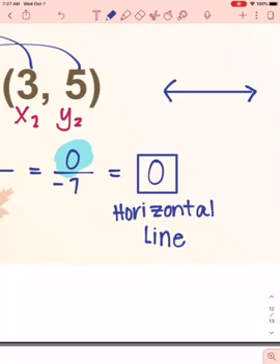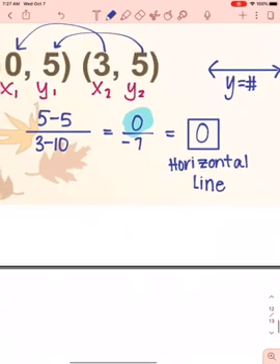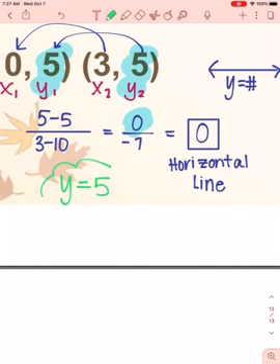Also, side note, if you remember when we talked about this a little bit when we did functions, equations of horizontal lines are always y equals a number, because a horizontal line shares the same y value all the way through. In this case, my y values were 5, so the equation of that line would have been y equals 5.